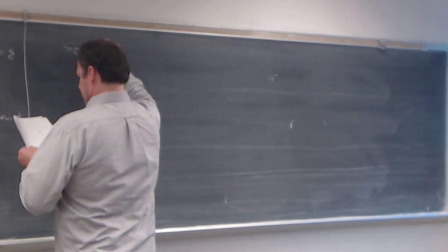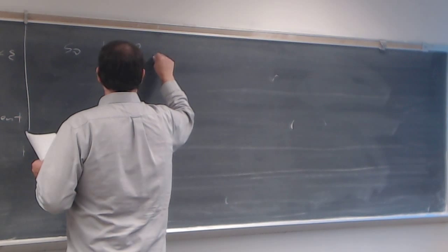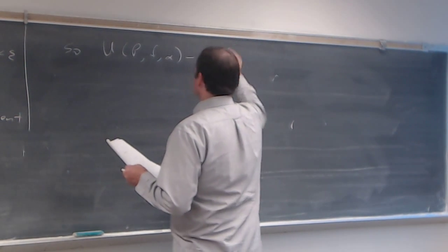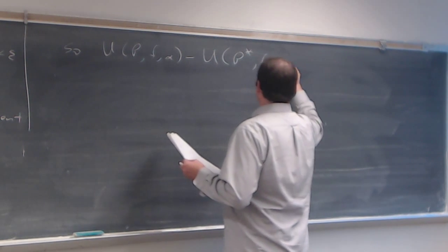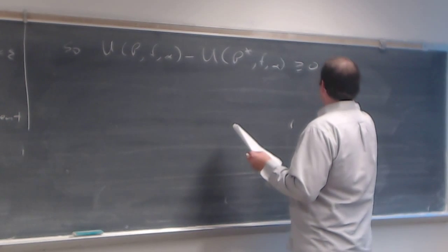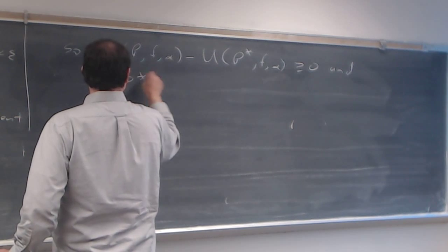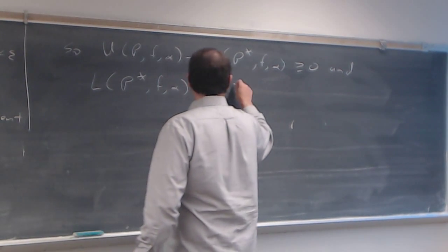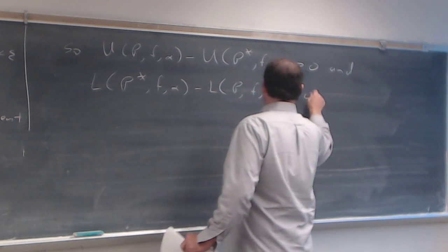Namely, the upper sum with the partition P, f and alpha, minus the upper sum with the refinement, is going to be greater than or equal to 0. And similarly, the lower sum with the refinement minus the lower sum with just P is going to be greater than or equal to 0.